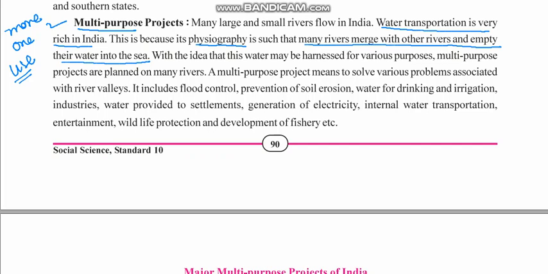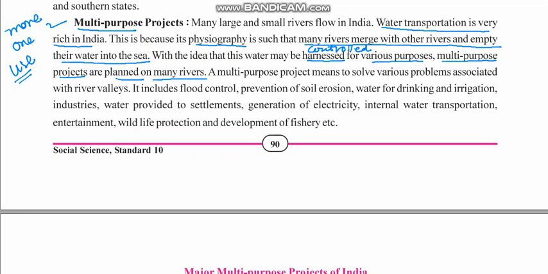With the idea of this, water may be harnessed, that is controlled, for various purposes.